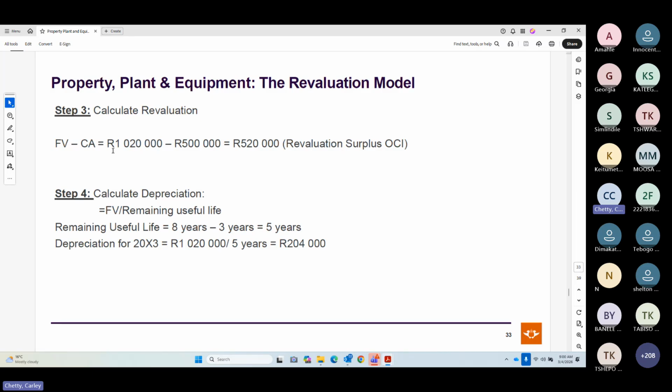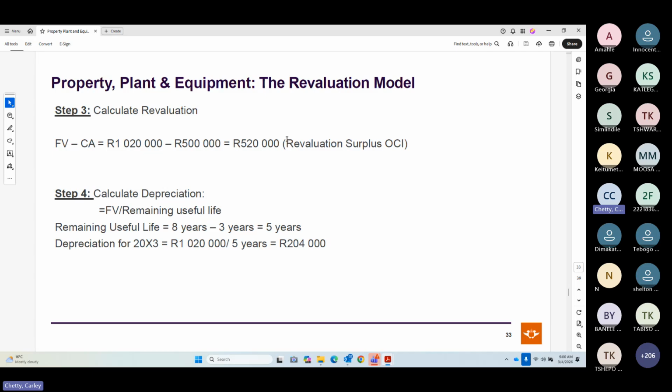So we are going to increase the carrying amount to the fair value, and we are going to do that by processing a journal to revaluation surplus. So we're going to say fair value of 1,020,000 minus the carrying amount of 500,000, and this is going to give us a revaluation surplus of 520,000.